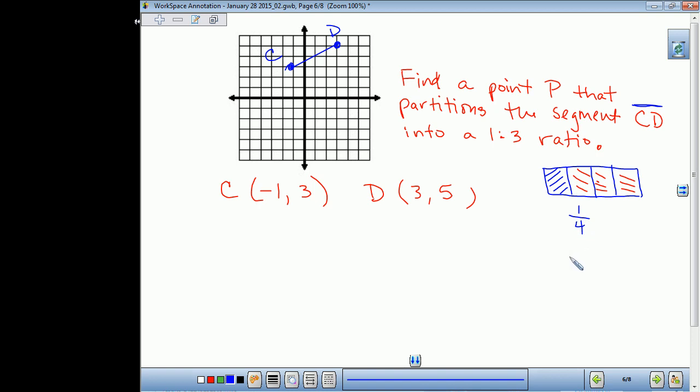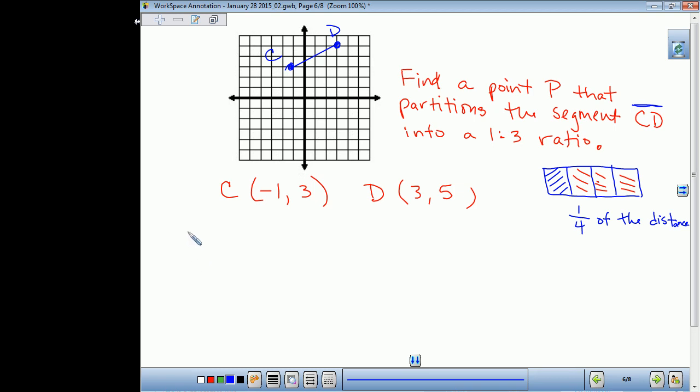Does everybody see that? To break it into a 1 to 3 ratio, we need 1/4 of the distance. Okay? So what you end up doing is you end up putting this number in the numerator and the sum of the 2 in the denominator. First I have to make sure everybody understands that. Okay, cool. And then you do it the same way.